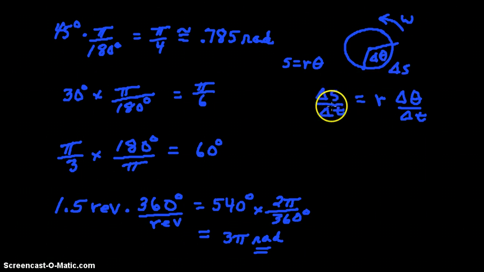So a change in distance over a change in time is a velocity. And this is the definition of omega, the change in angle per time.